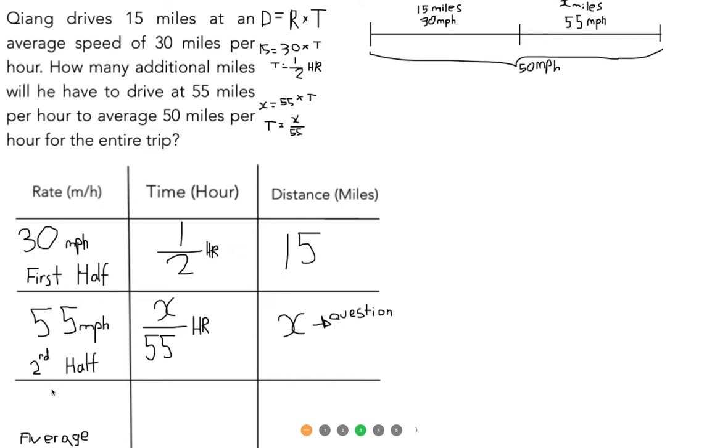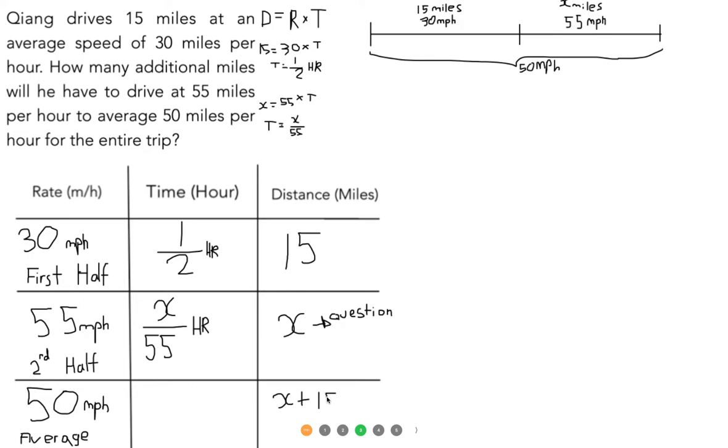So we can write 50 miles per hour in the rate column. And then the distance for the average at 50 miles per hour is the total number of miles that he traveled for the first half, which is 15, and the second half, which is x, so we can add them together to get x plus 15.